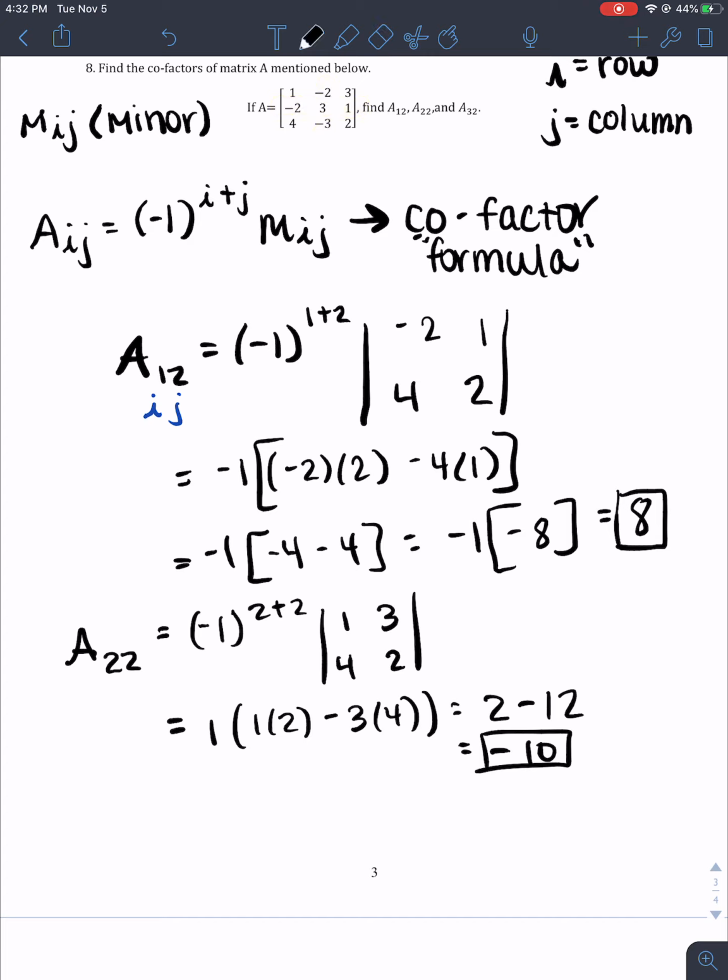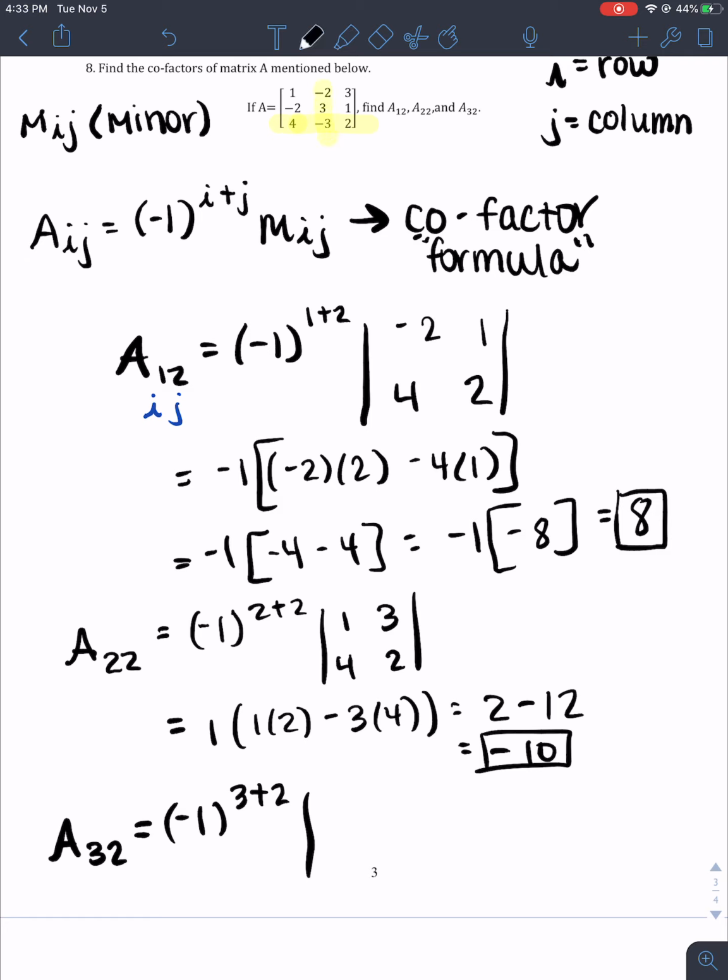All right, so let's do A32. So -1 to the 3 plus 2. As long as you've got the formula, you're pretty good to go as long as you understand what the formula says and how to understand it. And if you don't, come talk to me before your test. So we're going to get rid of row 3 and column 2.